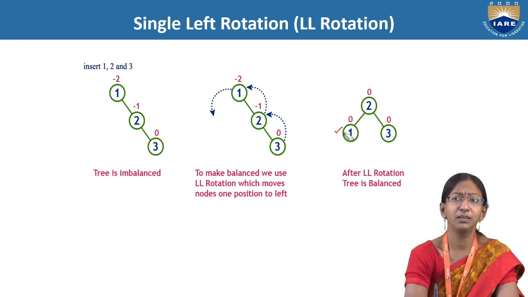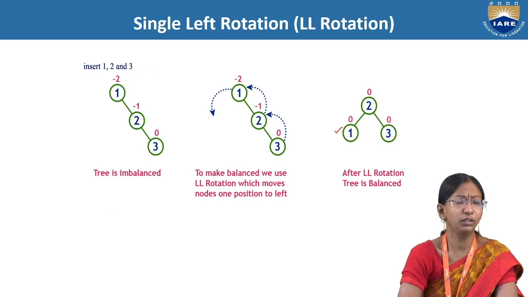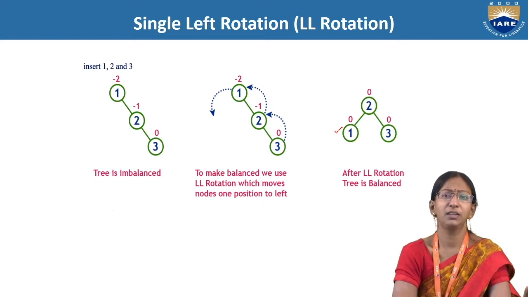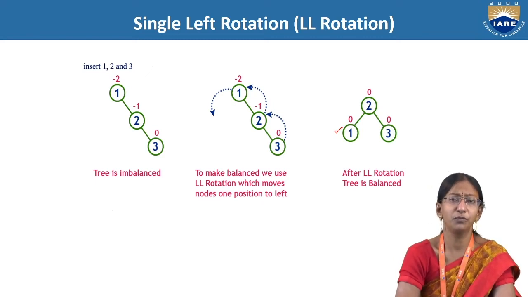The resultant balance factor will be 0. Right? So now you can see that the tree is balanced in nature. Only thing you have to remember is what is the new element which entered the tree, which caused the imbalance, and what is the node which got affected because of this insertion.